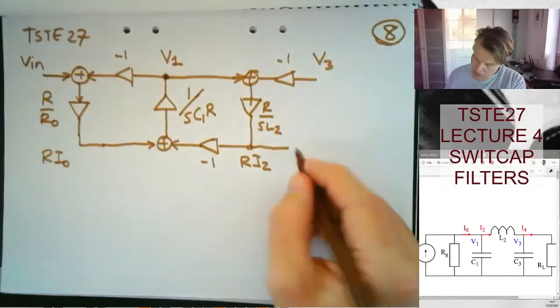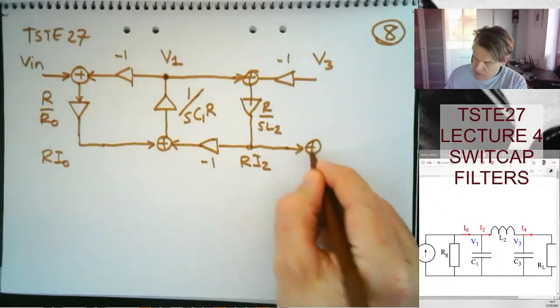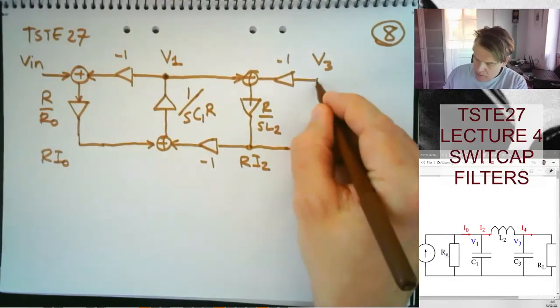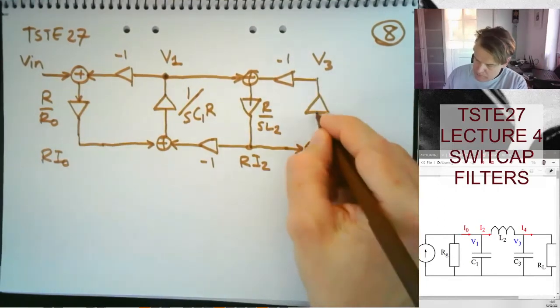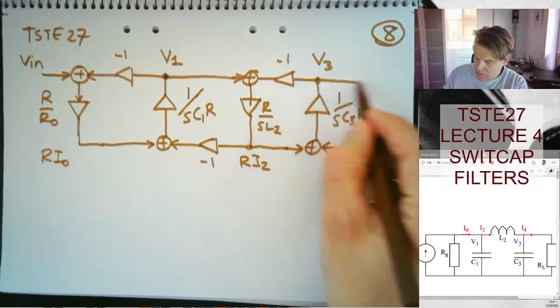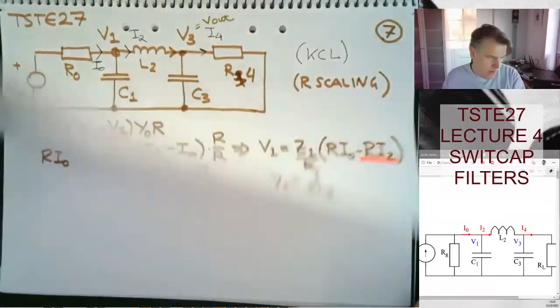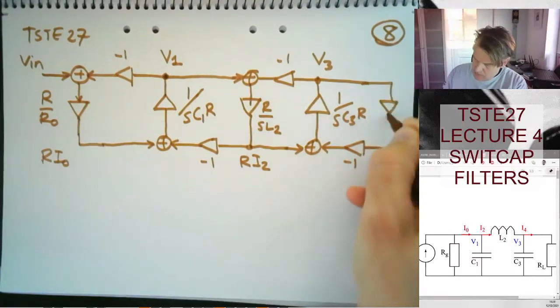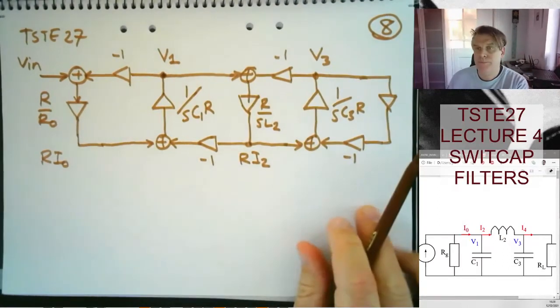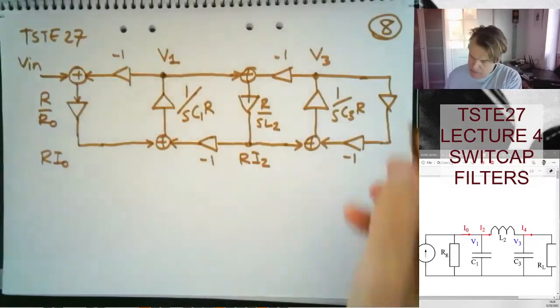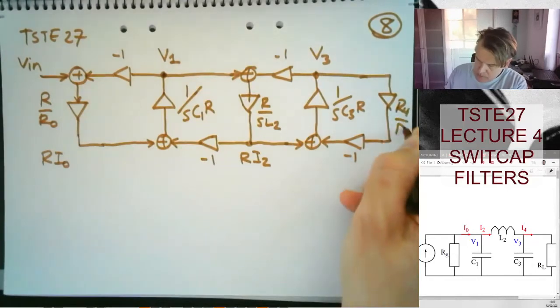And then we can just continue here. So I will get a summation, and then I will get a minus 1, and this will be yet another integration. So 1 over SC3R, and in the final step towards the end here, we will have R4 divided by R in the end. R4 divided by R.